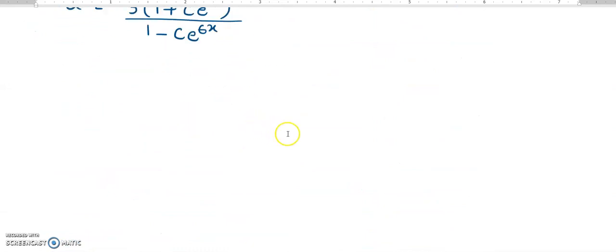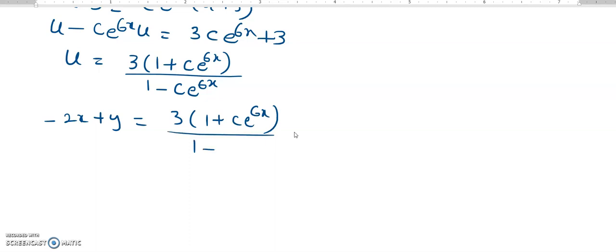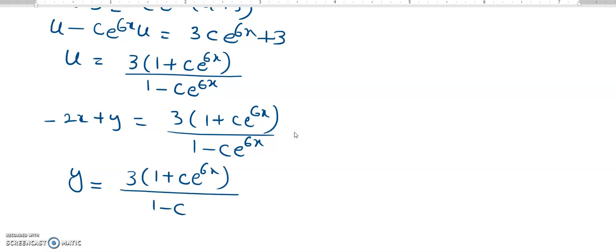Okay, so I can put minus 2x plus y is equal to this value. And then finally y will be equal to 3 into 1 plus c e power 6x over 1 minus c e power 6x.